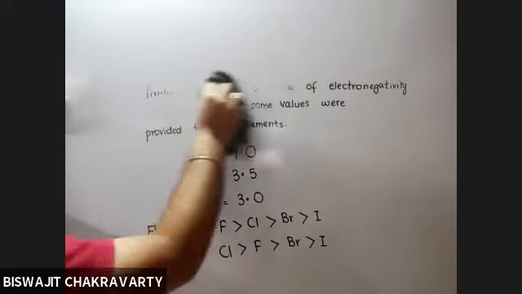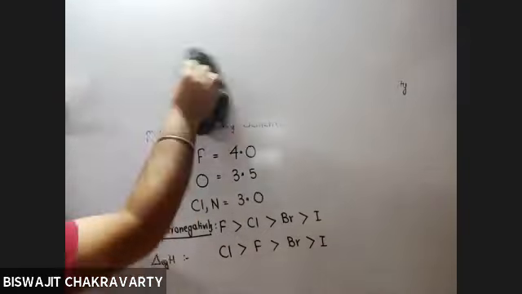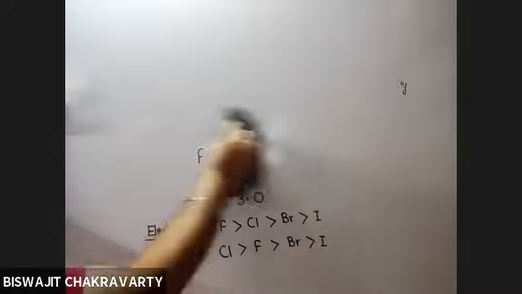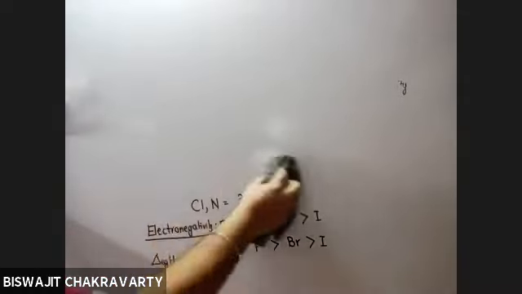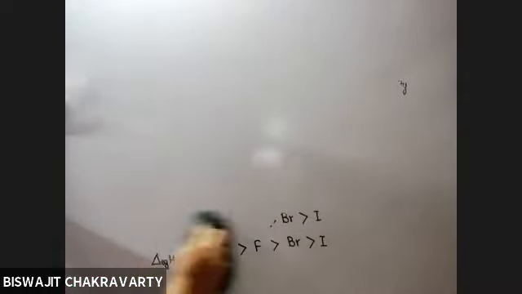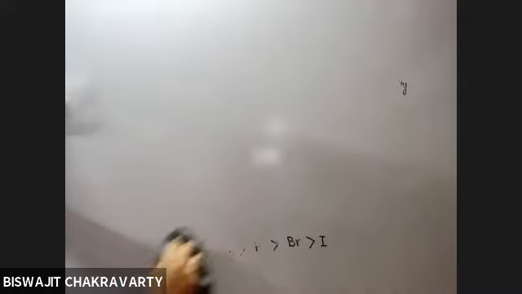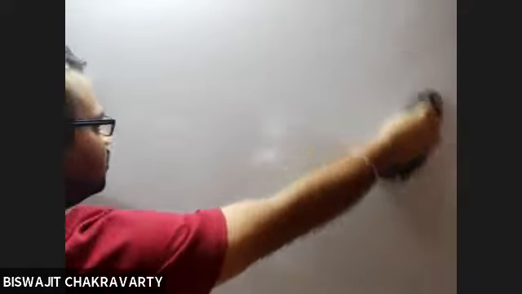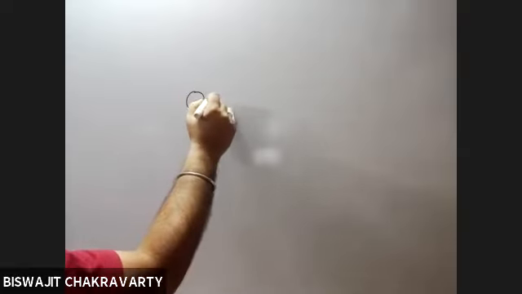So in what aspect is electronegativity helpful to us? It is helpful to us to know the polarity of the bond, whether the bond is a polar covalent bond, a non-polar covalent bond, or ionic. Now, let us try to understand these three bonds.